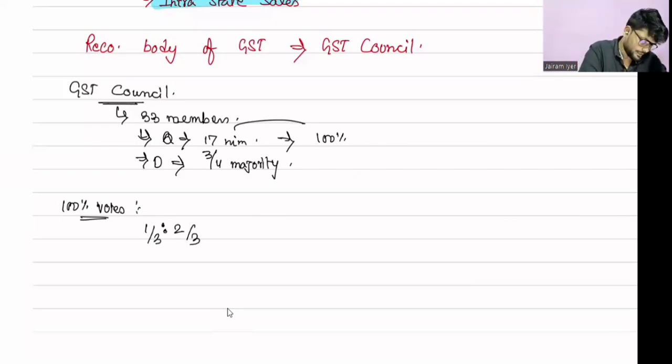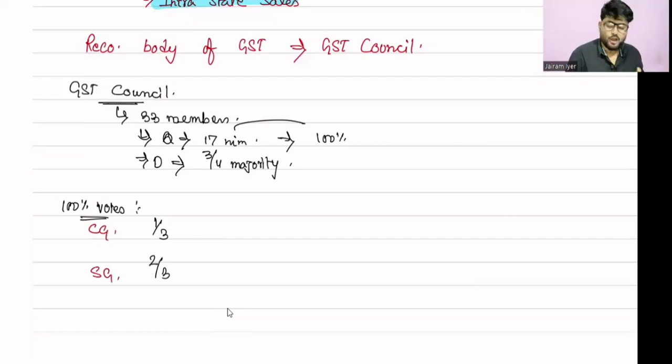Correct? It has been divided in the ratio 1/3 and 2/3. 1/3 is for central government and 2/3 is for state government. How many votes were there in total? Suppose, for example, how many members are present? 17. Correct. So what is that 100% of the vote? It is 17 votes.